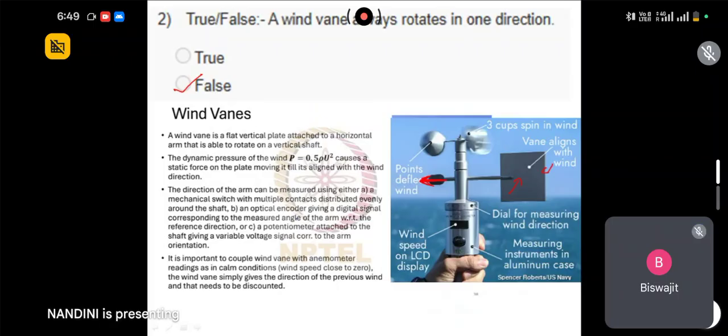Yeah, kinetic energy is half mv square, right? Mass can be written as density into volume. So if volume is unity, it will be half rho v square.